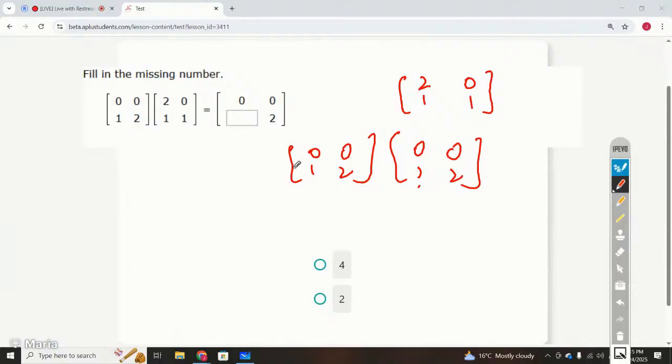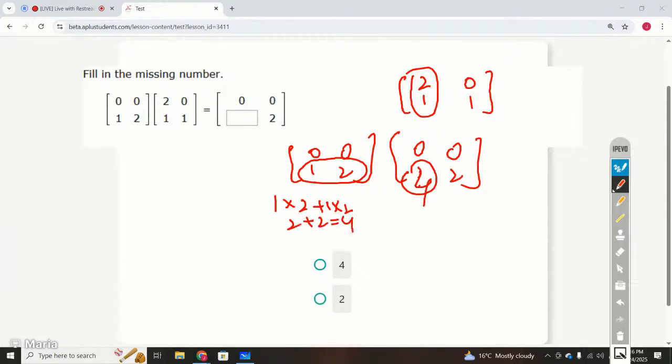For both matrices, the columns in the first matrix and the rows in the second matrix must be the same. So the missing number is in the second row and first column. 1 times 2 plus 1 times 2. That is 2 plus 2, 4 it is.